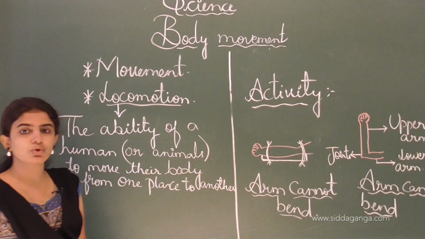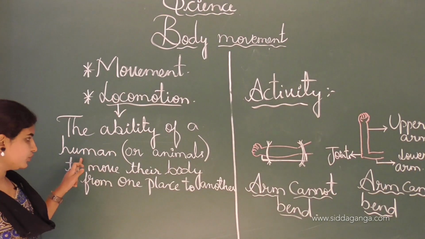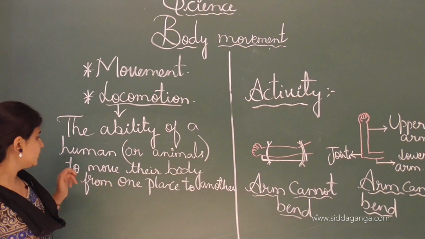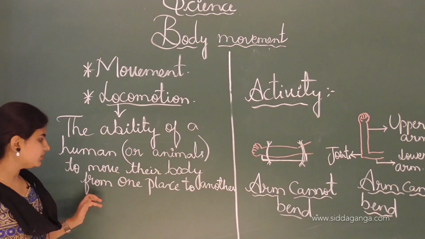What is the meaning of locomotion? The ability of a human or an animal to move their body from one place to another place.